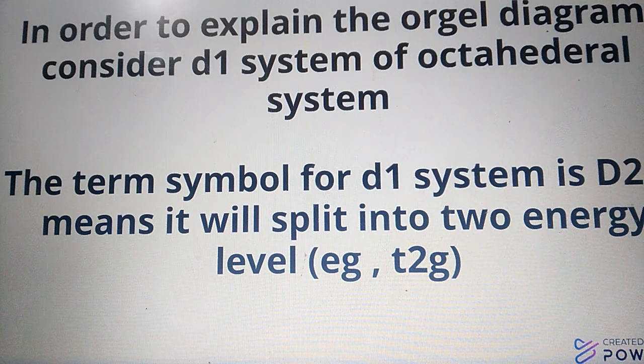So for capital S, the value is 0. For capital P, the value is 1. And for capital D, the value is 2. If 2 comes, then we represent the letter capital D. So 2D means it will split into 2 energy levels.